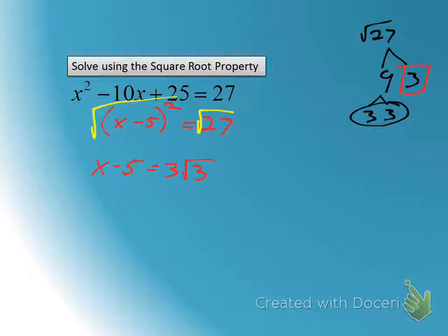Now, what does not change is how many answers do you get? Two, every time. One is plus whatever's on the right side, and one is minus what's on the right side. So we still have to set that one up: the plus 3 square root 3, and x minus 5 equals negative 3 square root 3.